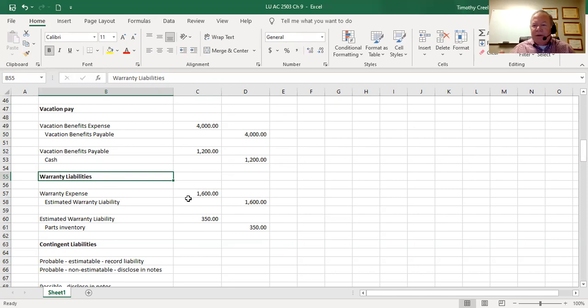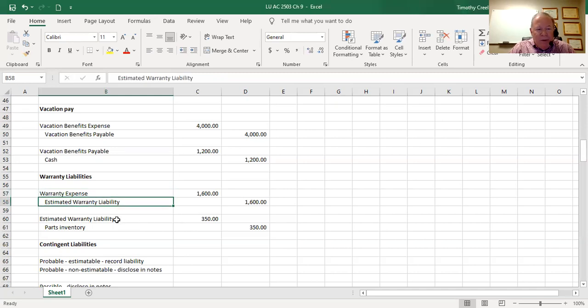So what companies do is whenever they offer a warranty with their product, they estimate how much the cost to them is going to be. So they would record an entry like this up front with the sales. They would debit warranty expense for what they feel like they're going to have to pay out, and they would credit estimated warranty liability.